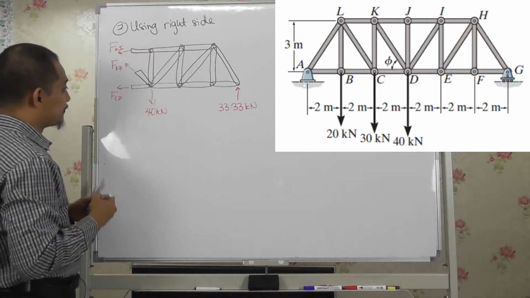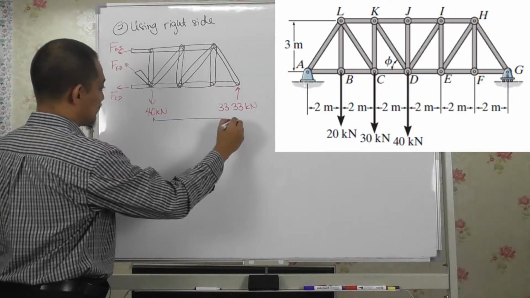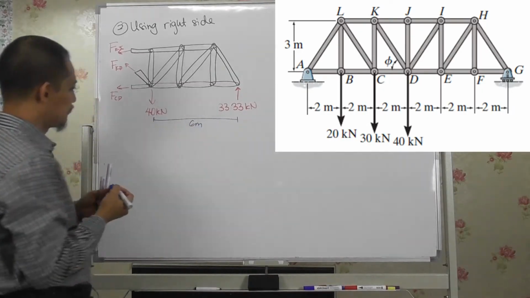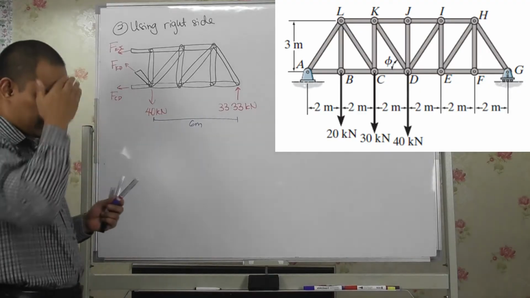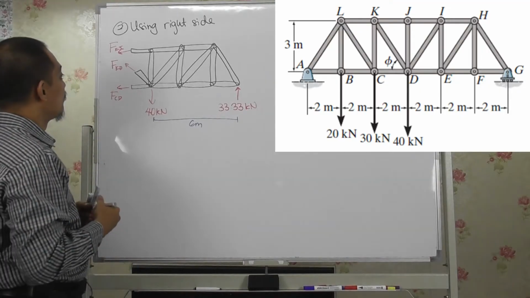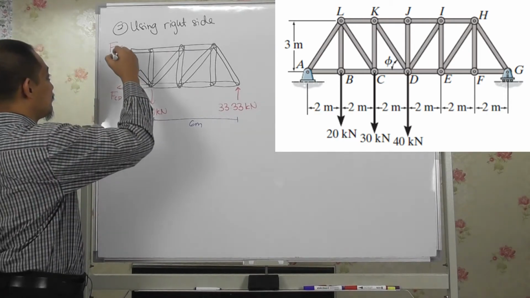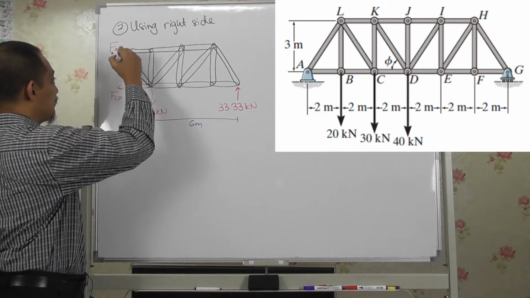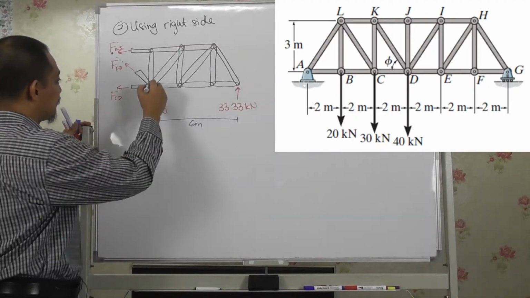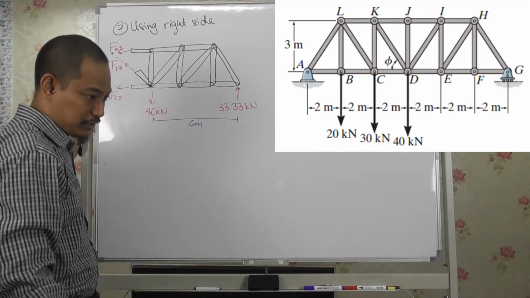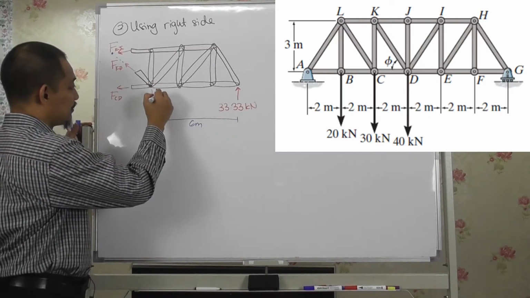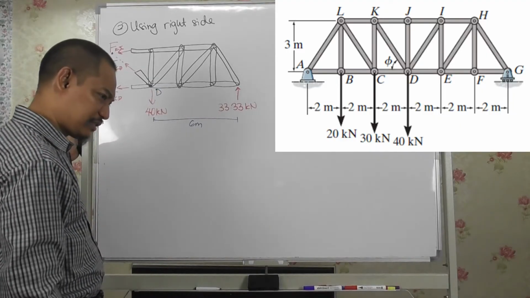All right, so this is 6 meter, and again, there's 2 points that you can take. For example, if you want to use similar approach, this is point D, this is point K, right?